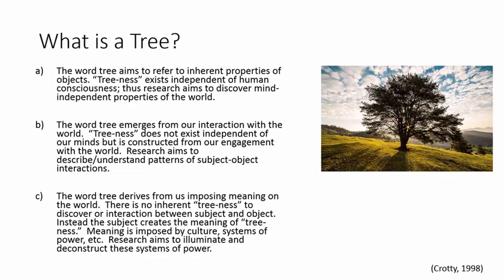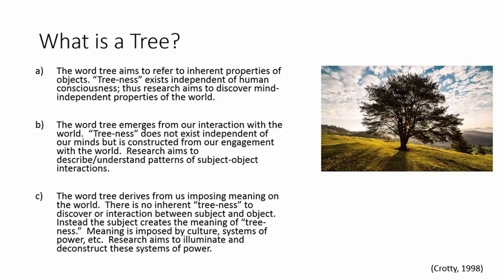But to get a sense of where you might be, we can ask some questions, right? So we may ask, well, what is a tree? Or maybe, what is the word tree attempting to accomplish? So A would be an objectivist epistemology. So we'd say, well, the word tree aims to refer to, let's say, inherent properties of objects.